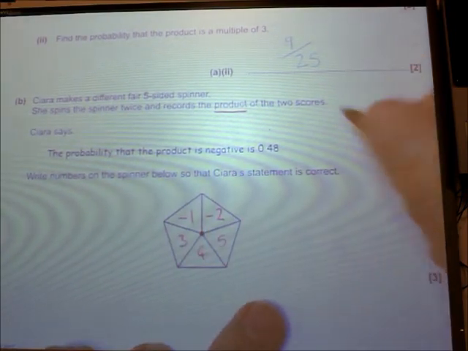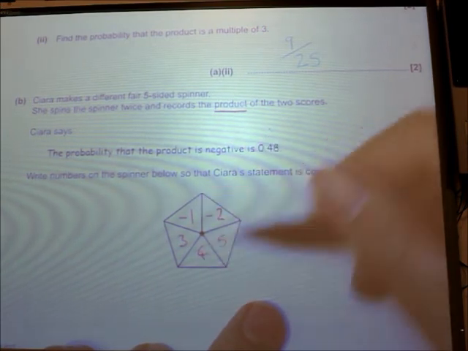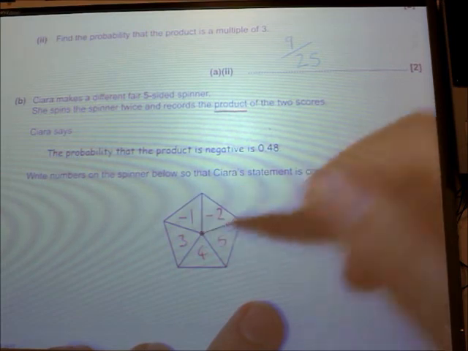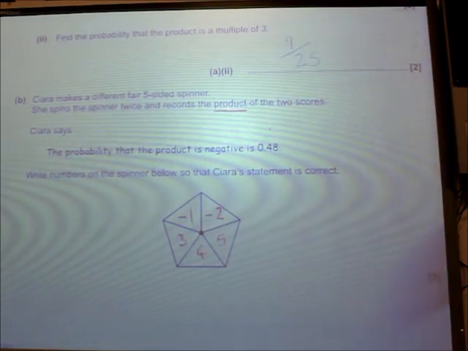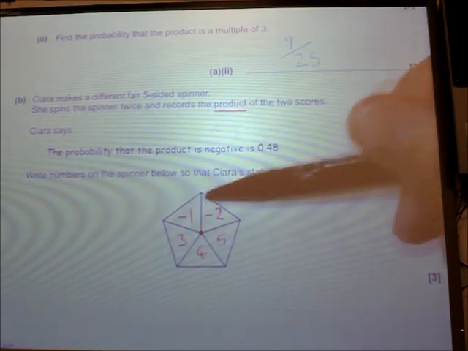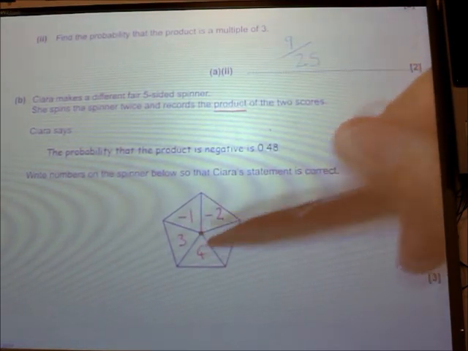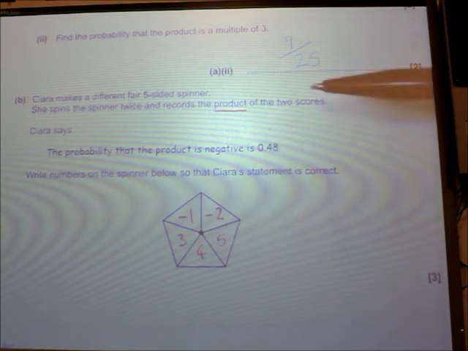Right, so to get a negative answer, first of all, you're going to have to spin either a positive or a negative, but then your next spin, you're going to have to spin something, basically the opposite sign. So you could do -1 times 3, -1 times 4, -1 times 5, or -2 times 3, -2 times 4, -2 times 5. They will all give you negative answers.